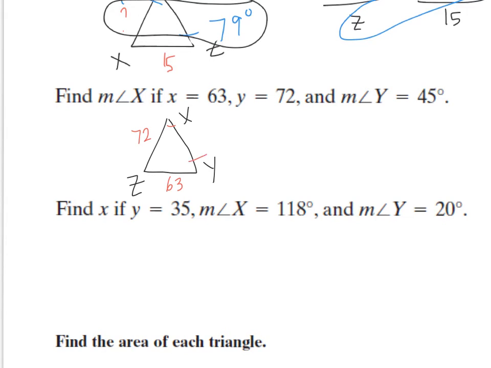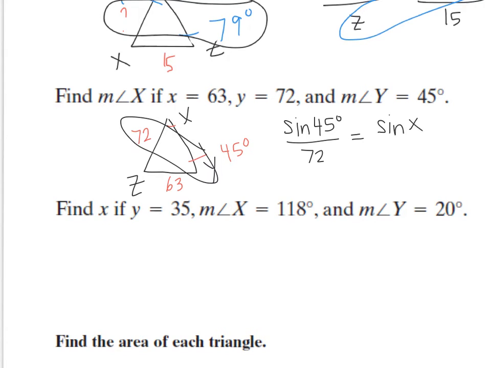And the measure of angle y is 45 degrees. So I'm going to do the sine of 45 degrees is to 72, because it's opposite, the sine of x, which I don't know, is to 63.